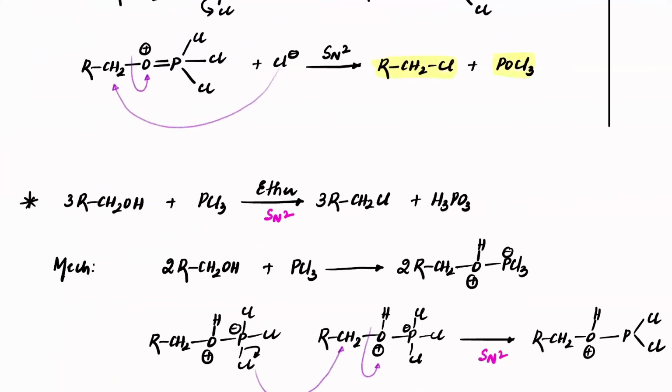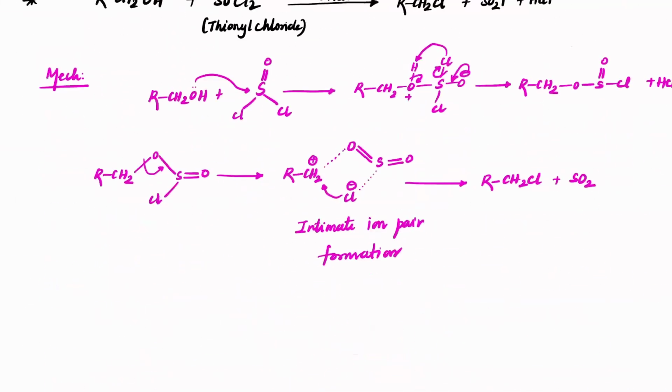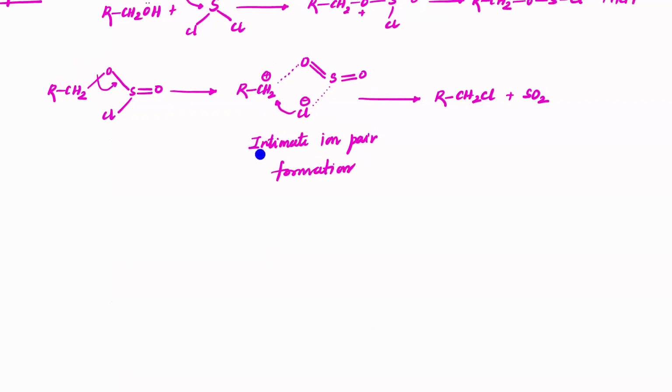While if you compare here, this is not exactly SN2. SN2 means it should always attack from the back side. But here, where the bond is breaking, it is attacking from the same side. So hence this is an SNi mechanism.